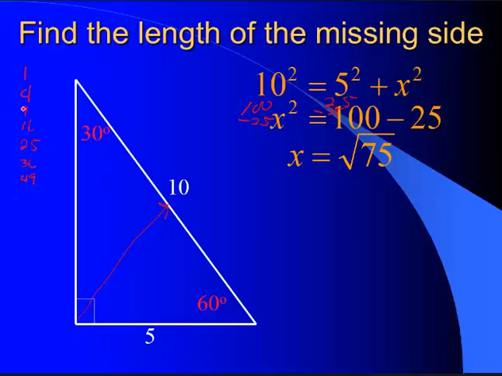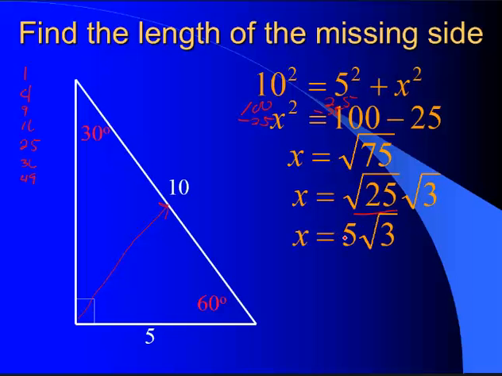Which one of these goes into 75 evenly? Just said it. Okay, it's going to be 25. I can rewrite 75 as 25 times 3. Now, this being a perfect square, what is the square root of 25? It is 5. But I still have the square root of 3 because I can't do anything with that.